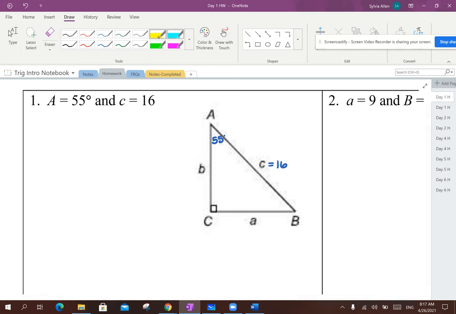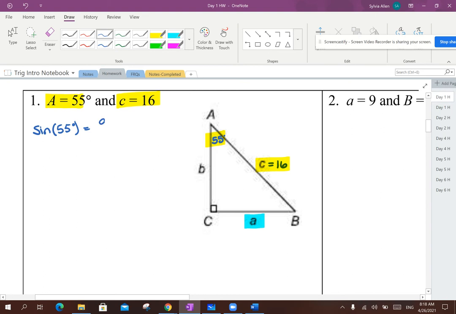Okay, so the very first thing that you want to be able to do is to take the given information and mark it up on the diagram. And if at all possible, always use the given information to find what it is that you're looking for. So we know 55 and 16, so I'm going to start with finding side A. So then that means I'm going to take sine of 55 degrees. And remember that your trig function always has to be representative of an angle.